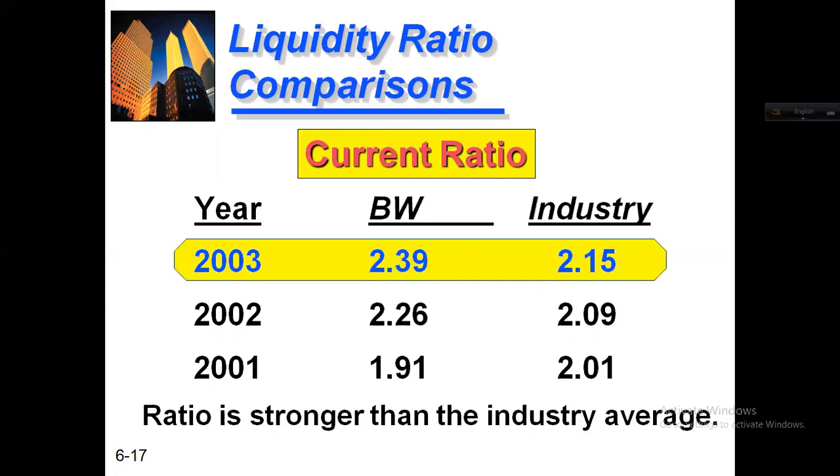In 2001, our ratio is 1.91, and the industry average is 2.01. In 2002, it is 2.26, and the industry average is 2.09. In 2003, our company's current ratio is 2.39, and the industry average is 2.15. So in the last year, you can focus that our company's current ratio is more than the industry average. And what does it interpret? Our company's liquidity position is satisfactory.